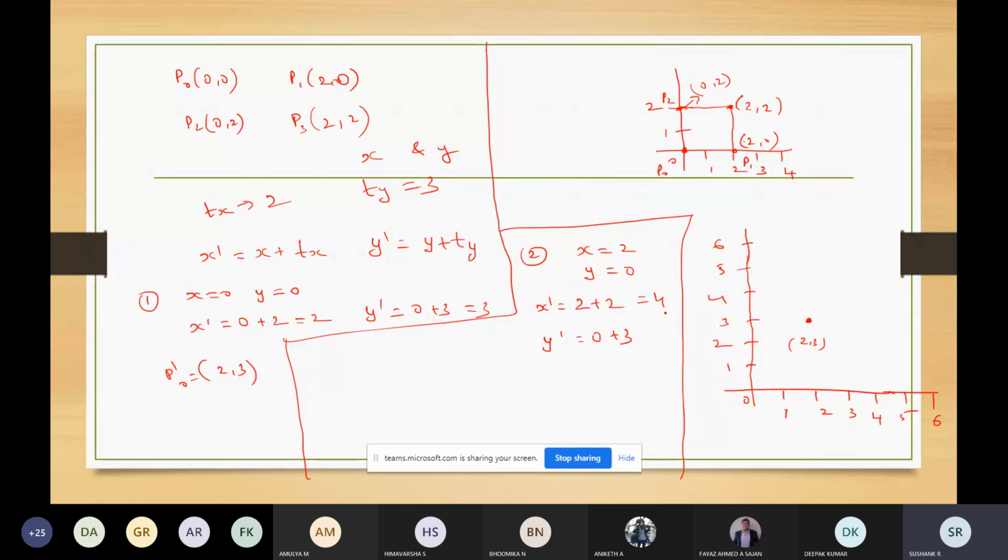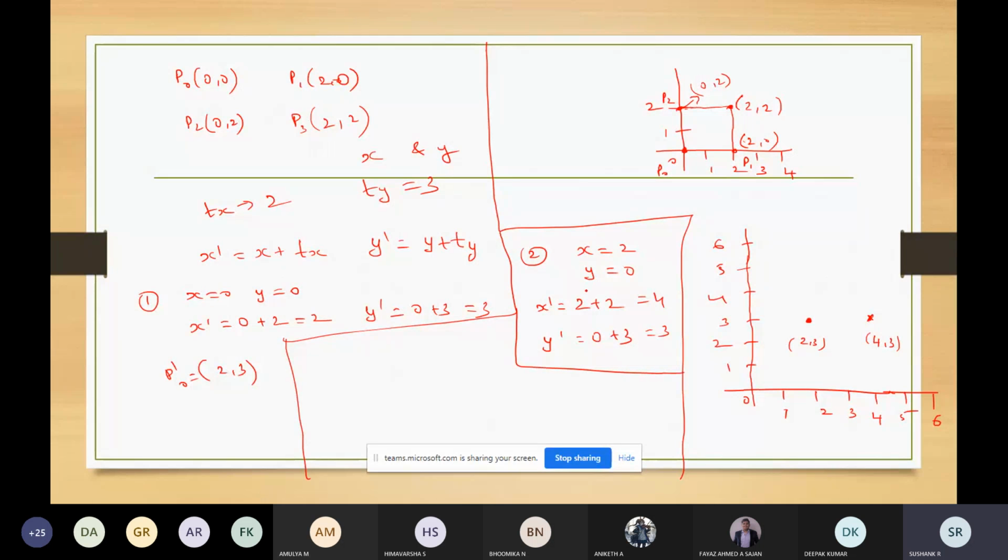So I'll get 4 comma 3: x value is 4 and y value is 3. If anything is missing, just let me know. The first one is 2 comma 3 and the second one is 4 comma 3. After this, I'll consider the third one.